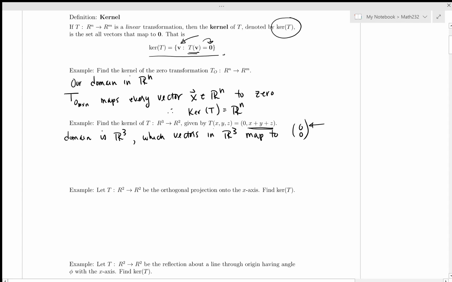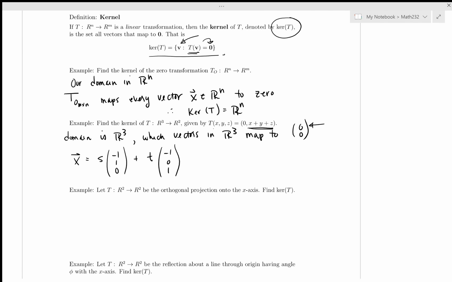So I'm saying the values of x which will map to 0 will be all the ones that will look like this. Let us take a look at it this way.